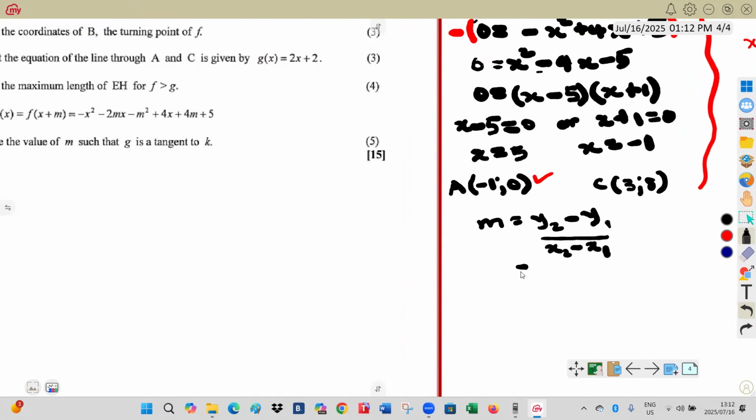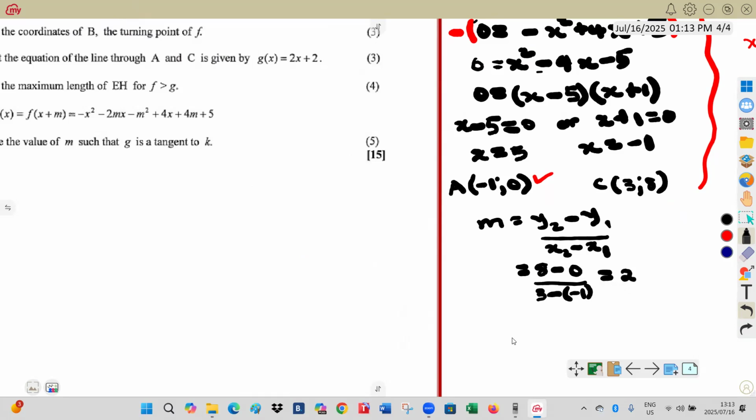So this is equal to y2, 8, minus 0 divided by 3 minus 1. And when you punch that, we are getting 2. We now have our gradient.